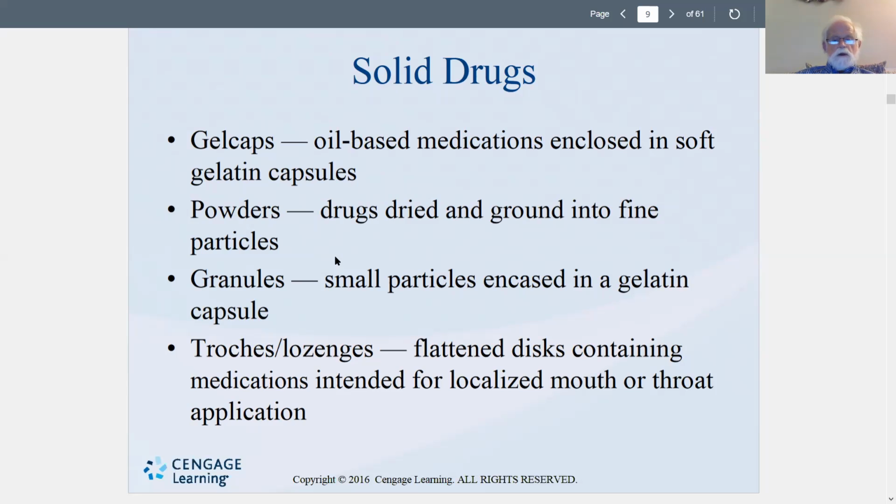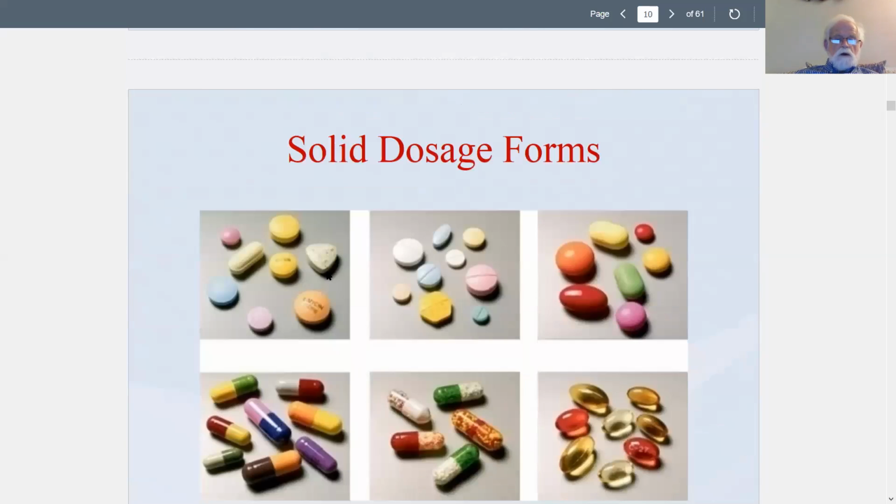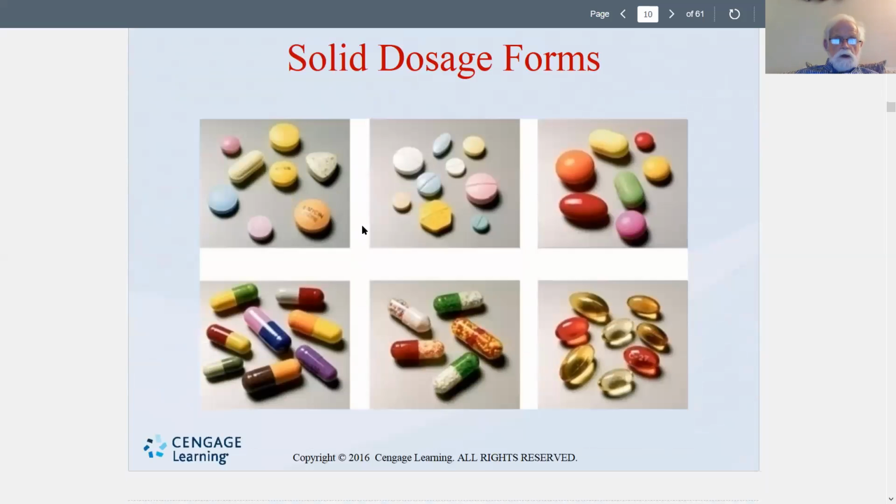Troches and lozenges, these are used for local mouth and throat application. A lot of them are held buccally, which means between the cheek and the gum, and let to dissolve. Here's a picture of some of them. A comment here is that every single one of these, even if they look very similar, are different in some aspect. This is a range of possibilities, but it's not the full set.